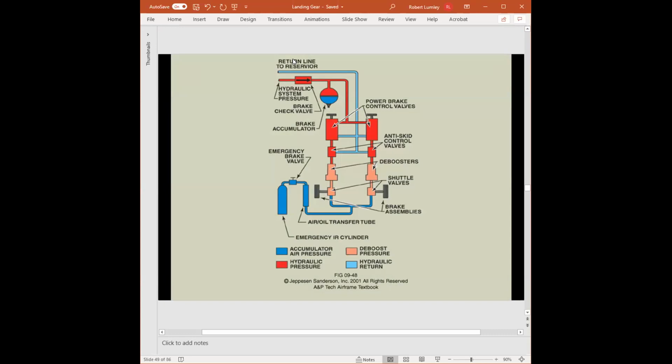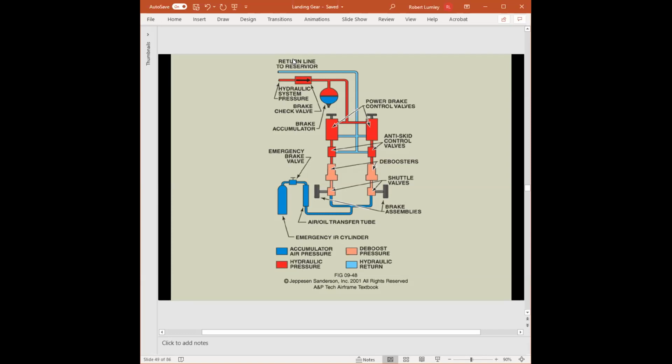Most large aircraft, if not all large aircraft, and some even corporate jets and such, and even some smaller ones, have what's known as a power brake system. What differentiates a power brake system from a boosted brake is that the pilot in a power brake system applies no pressure to the brakes themselves.